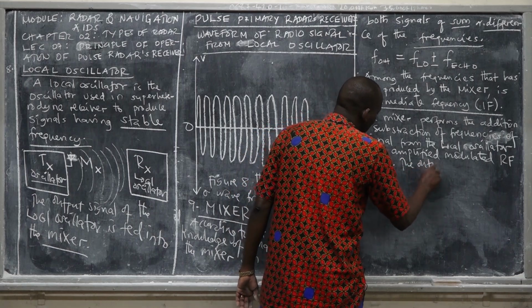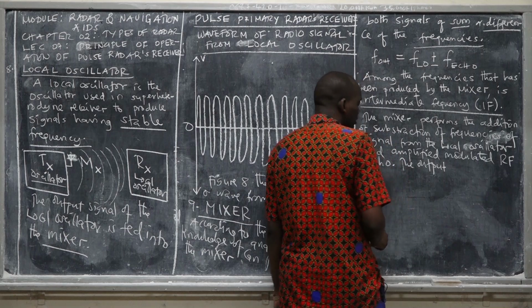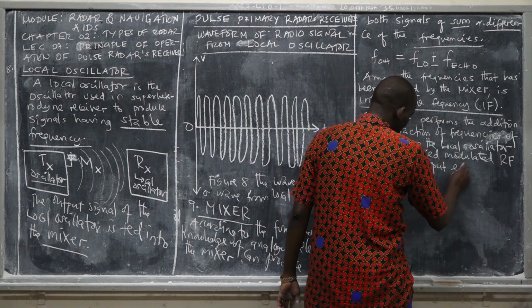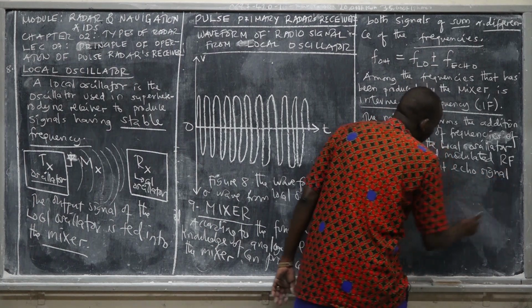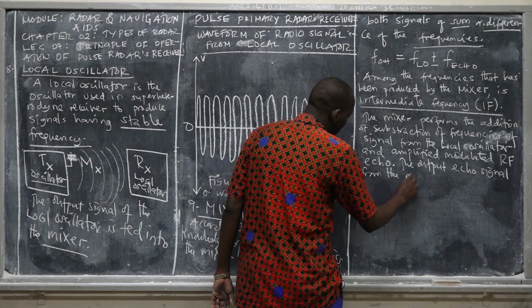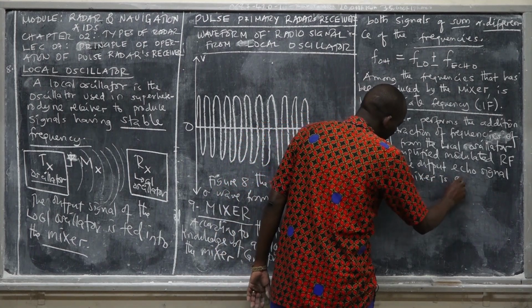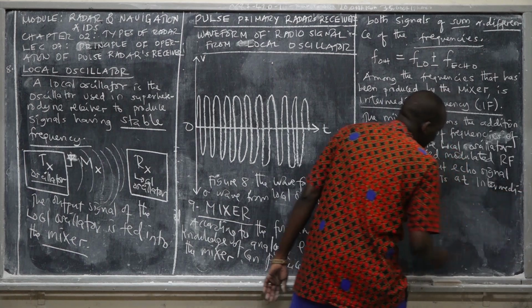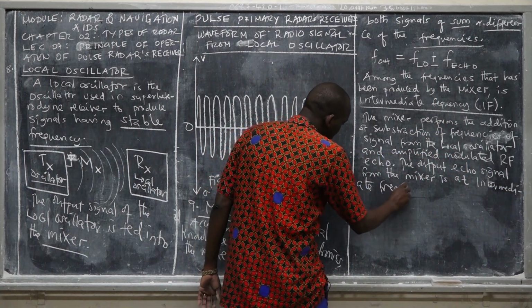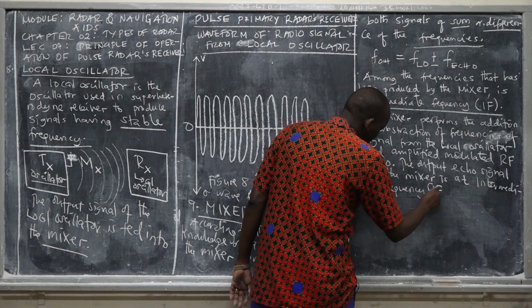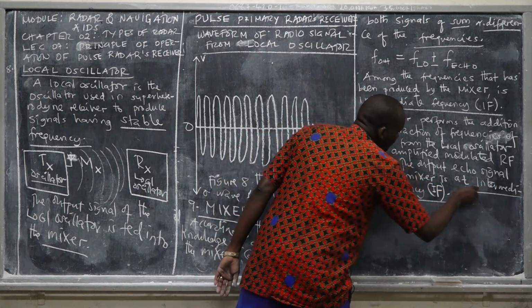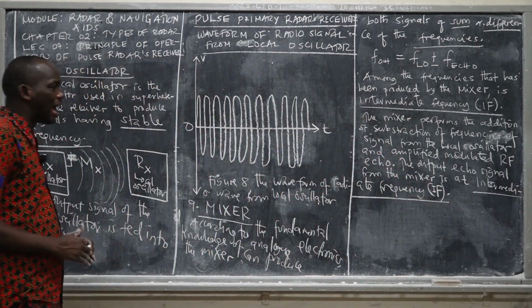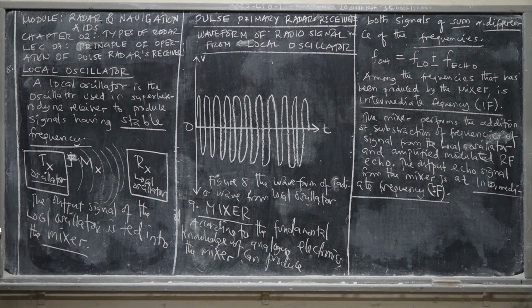So the output echo signal from the mixer is at an intermediate frequency, in short called IF. So from now onwards, our echo signal is no longer in radio frequency. Our echo signal is in intermediate frequency.